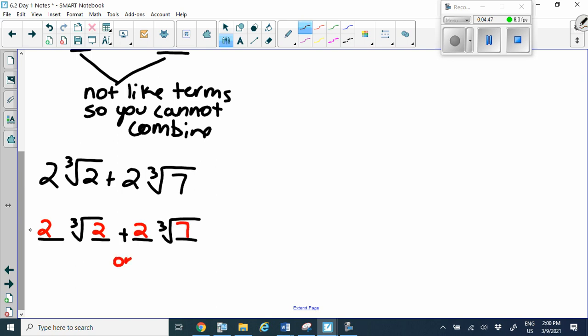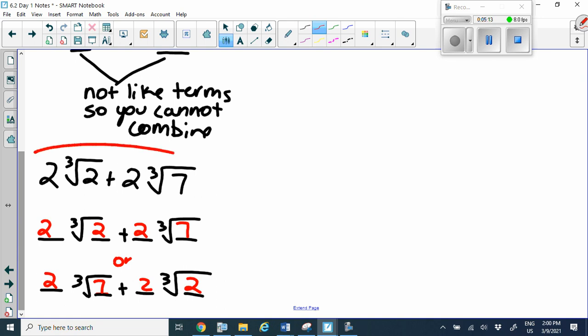Or you could have your answer as this in the Schoology assignment. You could have 2, 2, 7, 2, 2. Okay, so either of those actually work, just because when you plug it in, the order really doesn't matter. So you guys really just have to make sure you watch out on how the dashes are going and where the values are at in your final answer.